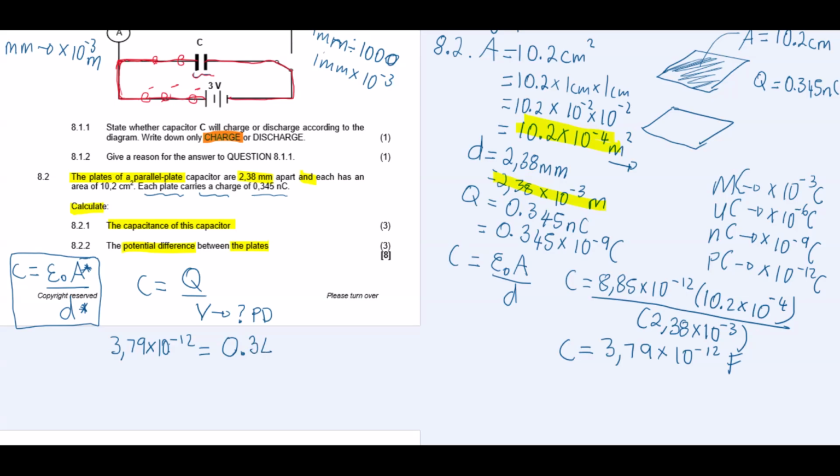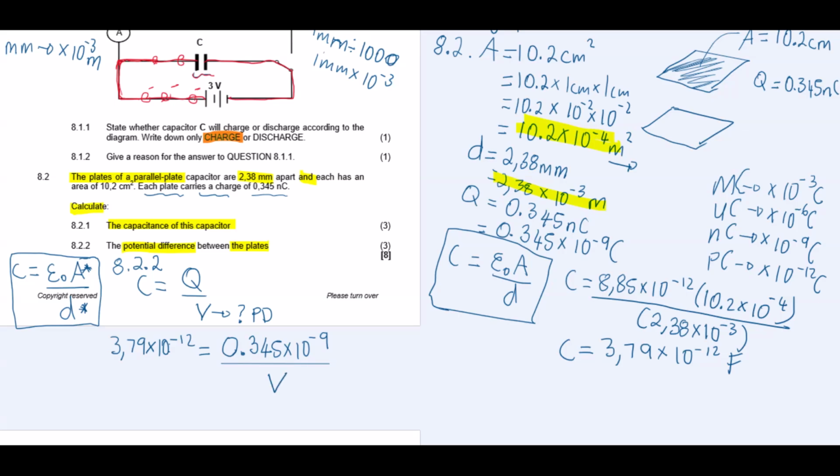The charge is 0,345 times 10 to the power of negative 9. Remember on the previous question, 8.2.1, the charge was there, but we didn't use it because we were using the other formula. It was going to be useful on this question where they look for the potential difference.